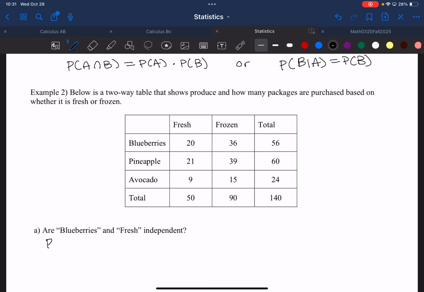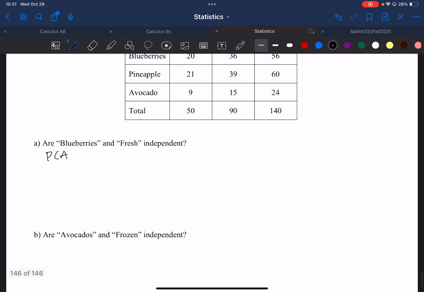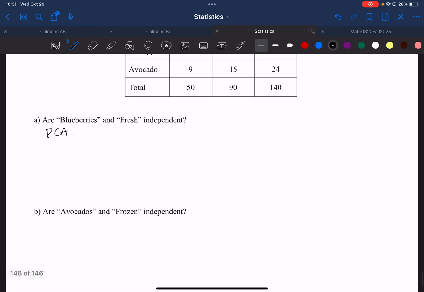So probability of A intersection B is equal to the probability of A times the probability of B. Okay, let's say blueberries is A, fresh is B. Okay, so we need to look at our table and see if we get a true statement.